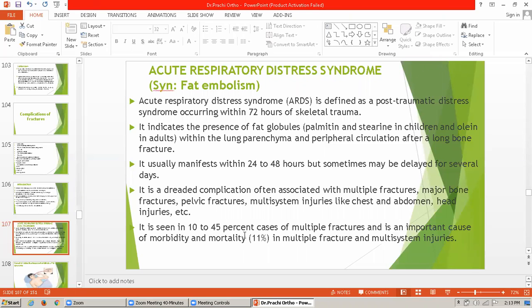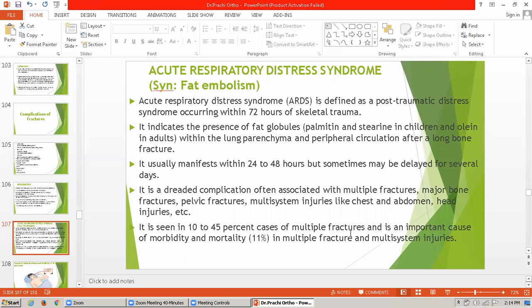It is seen in 10 to 45% of cases of multiple fractures and is an important cause of morbidity and mortality. When there is a case of multiple fractures, ARDS is seen in 10 to 45% of cases.